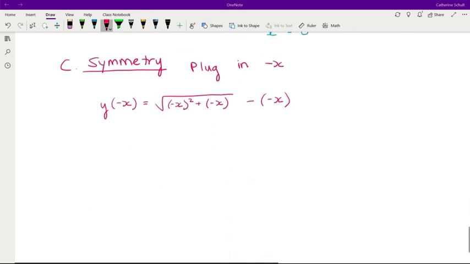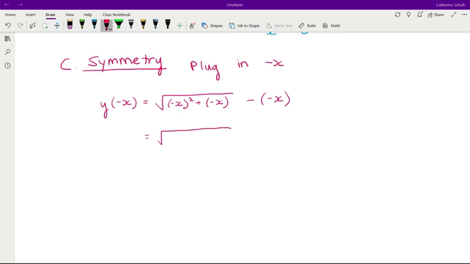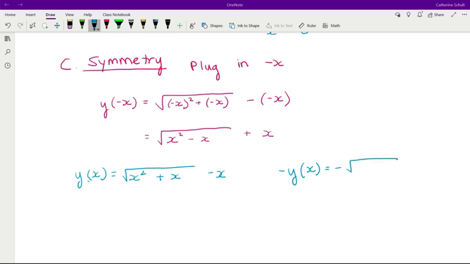So if we simplify, we're going to get the square root of x squared minus x, plus x. Okay, and then this is neither. Let's see, y of x is equal to the square root of x squared plus x, minus x. So that's not it. And then negative y of x is negative square root of x squared plus x, and then minus is plus.